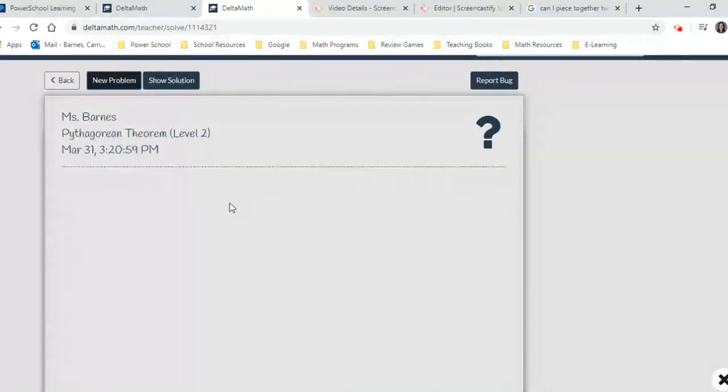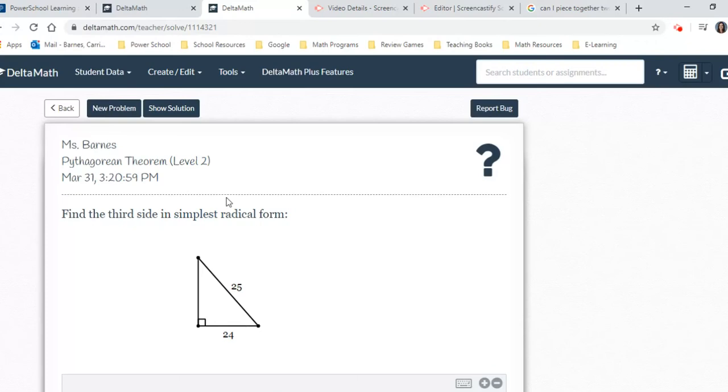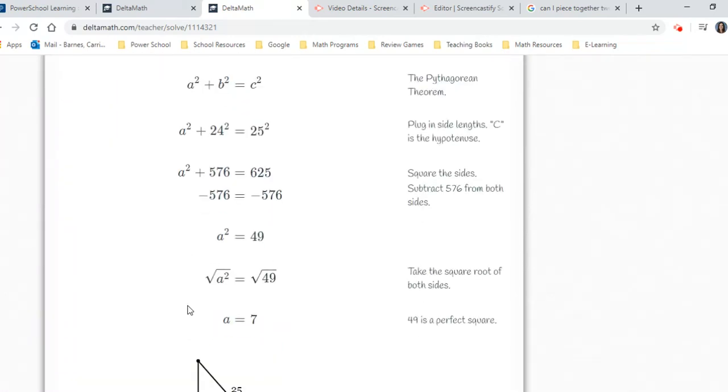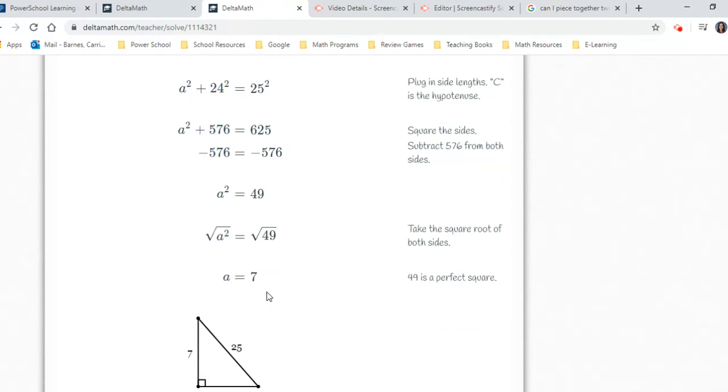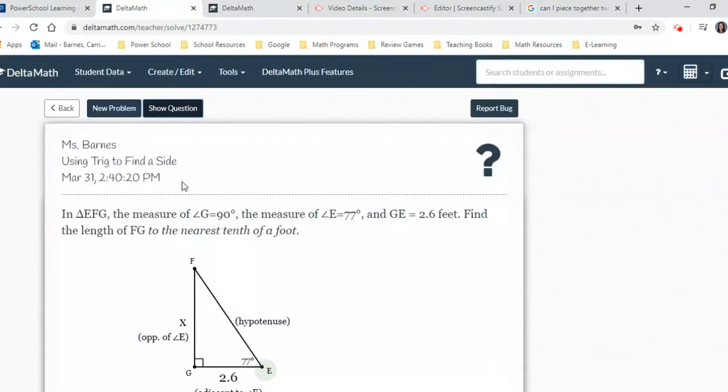But you can click Show Solution, and it will show you exactly how to work out the problem. So let's see here. This one you're doing a squared plus b squared equals c squared, and you can see that the square root of 49 equaled 7.